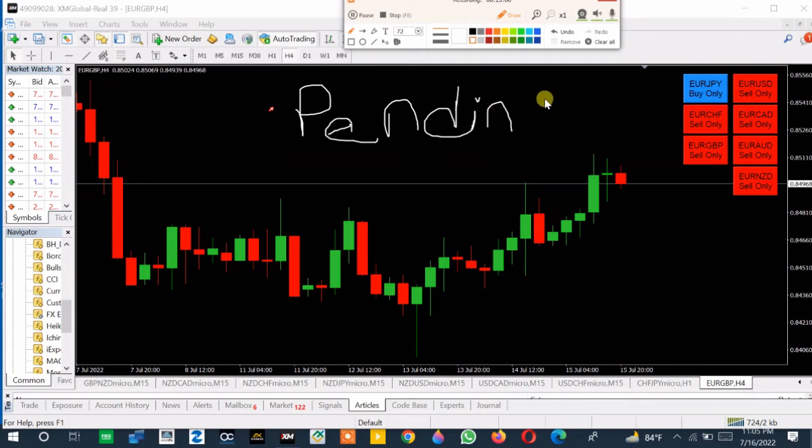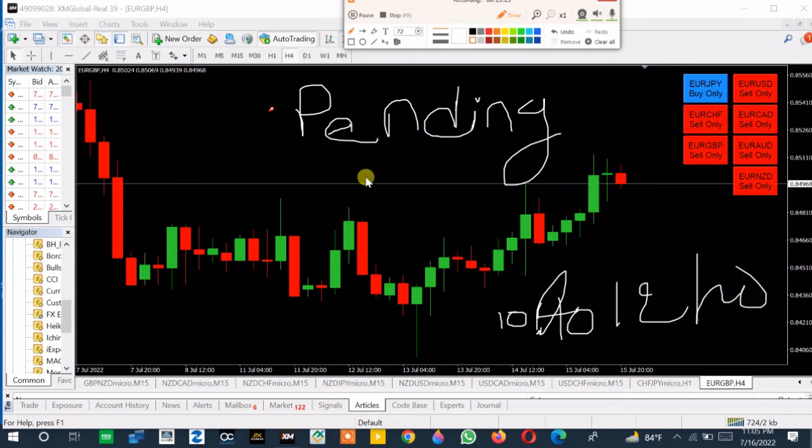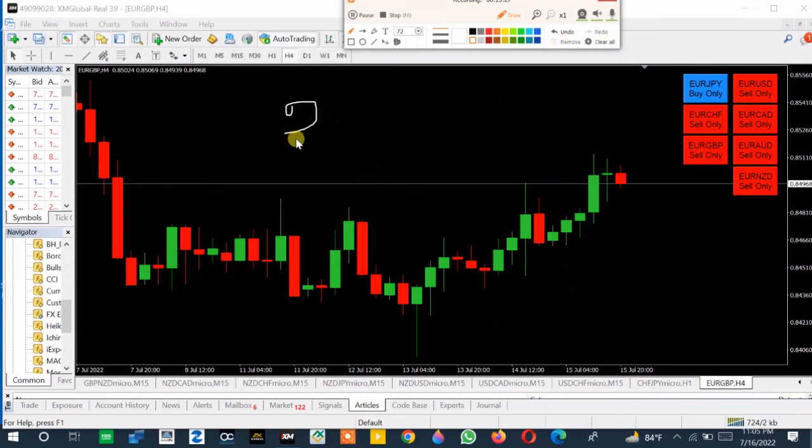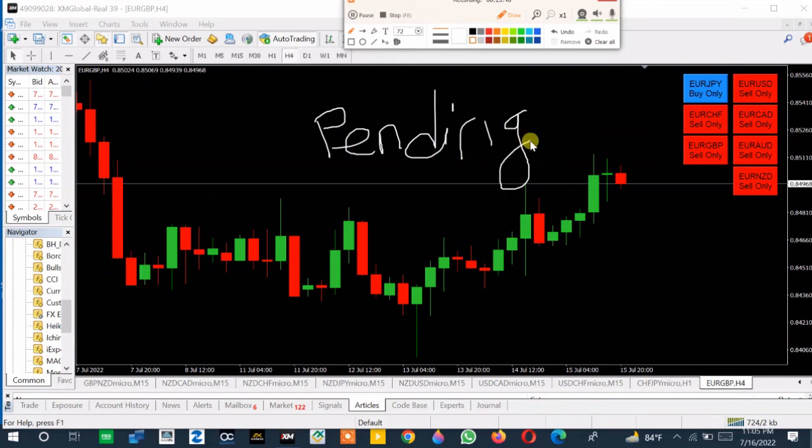After 10 to 12 hours, that means at server time 18 to 20, we come back to our MT4 platform and delete all pending orders.